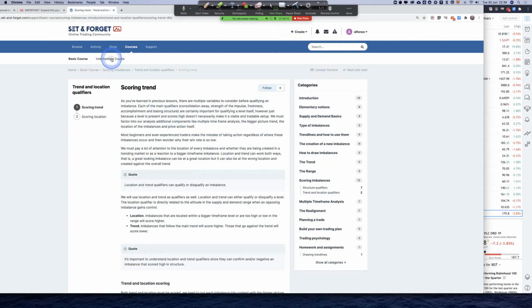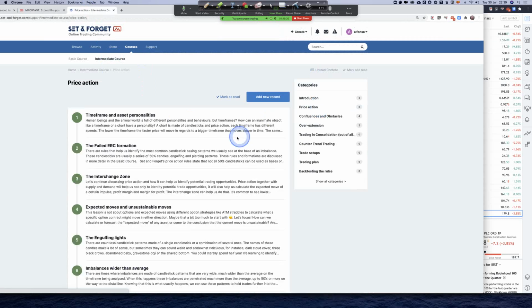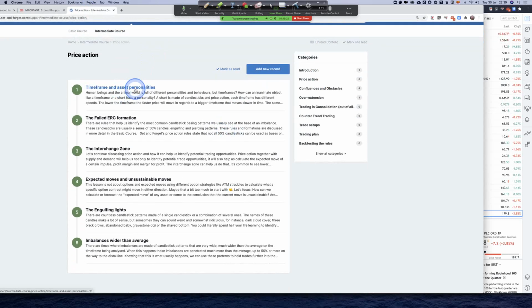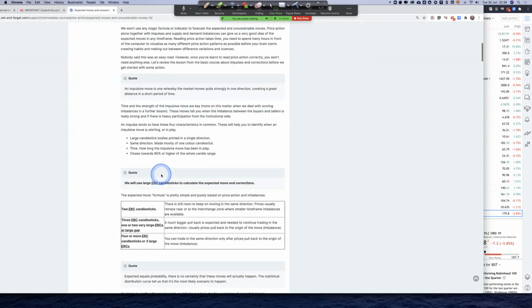And then I am already working on the intermediate course, which has the introduction, the price action, time frame personalities, fail ERC, interchange zone, expecting moves and unsustainable moves, the engulfing candles, imbalances wider than the average. When we go here, it's explained much better.